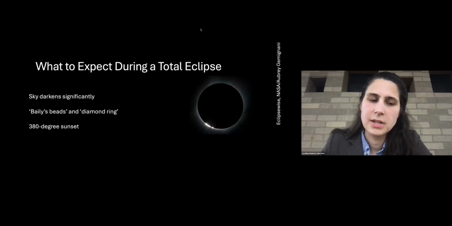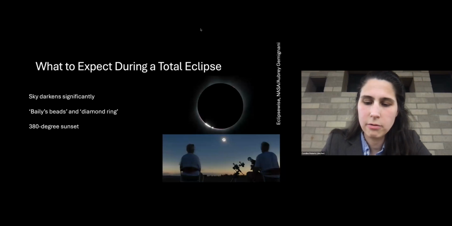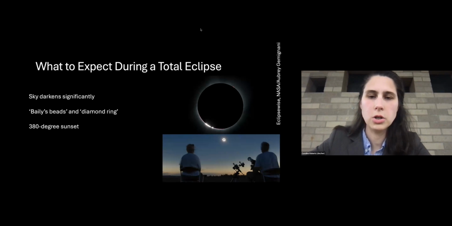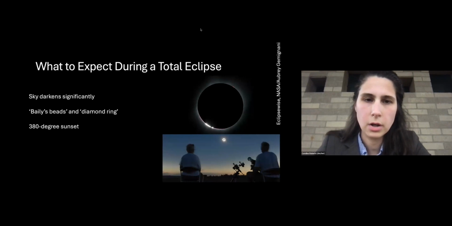Then there's also this fantastic sunset appearance that is all around you in every direction. This is basically because just as when the regular sun sets, there is a region beyond you that can still see the sun. That's true during an eclipse. In every direction, there's a portion of the earth beyond you that can still see the sun.